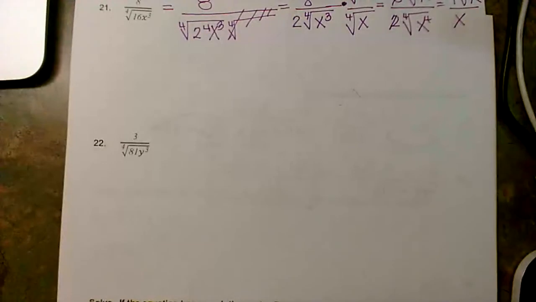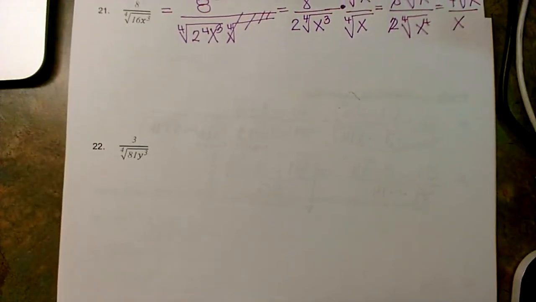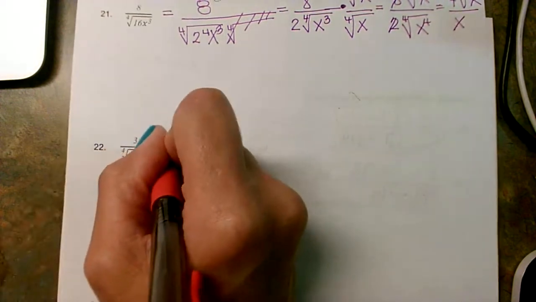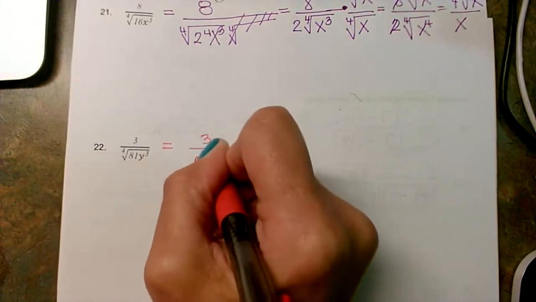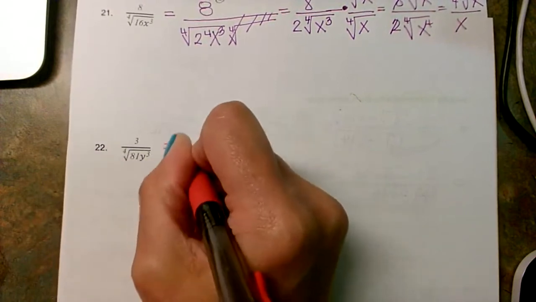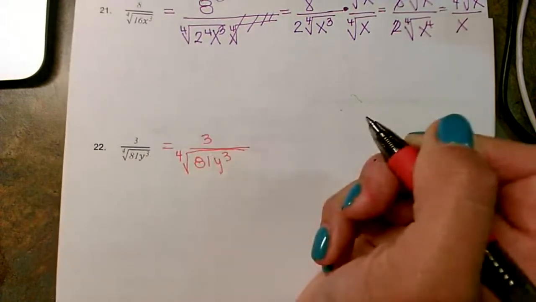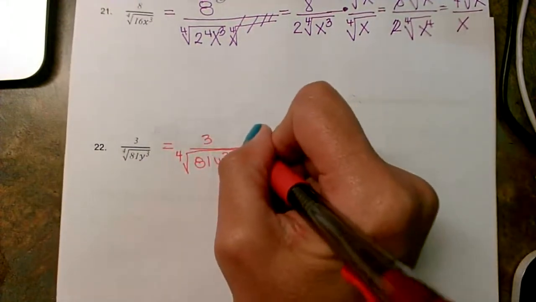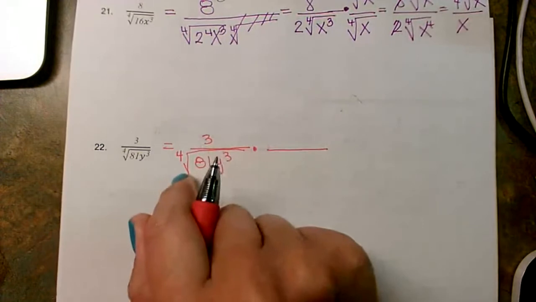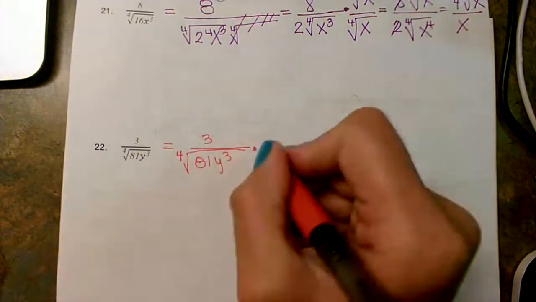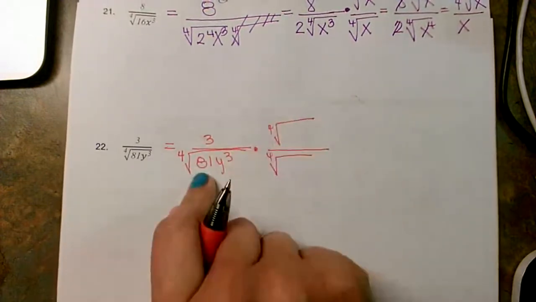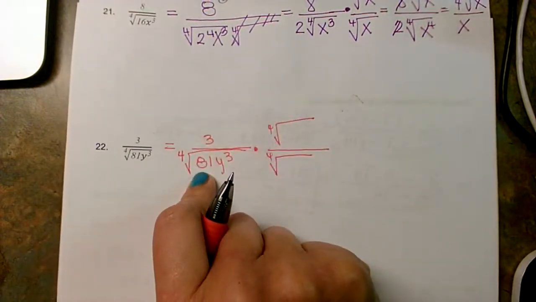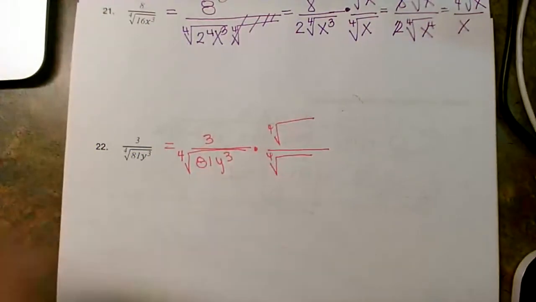So we're going to do 22. So this is 81 y to the third. So what do I need to multiply the denominator? Why am I doing that? Because I don't want the root here. So I need to multiply it. What's the fourth root of 81? Hold on.